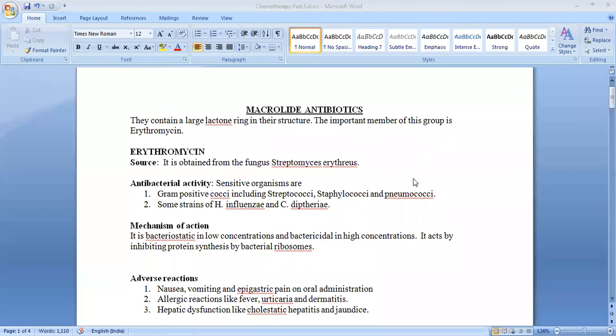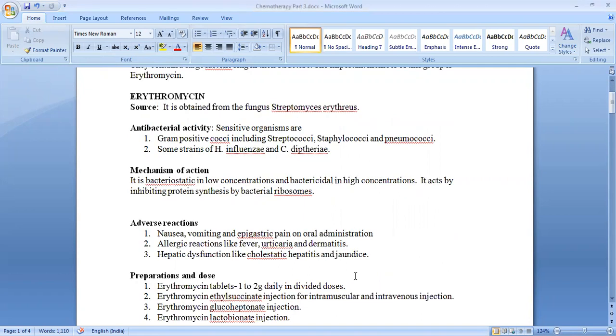What it will do is it will inhibit the synthesis of proteins by the bacterial ribosomes. However, they do have some side effects like nausea, vomiting, epigastric pain, or in some people allergic reactions like fever, urticaria, and dermatitis. Then there can also be hepatic dysfunction, some hepatitis the person may develop, or jaundice.